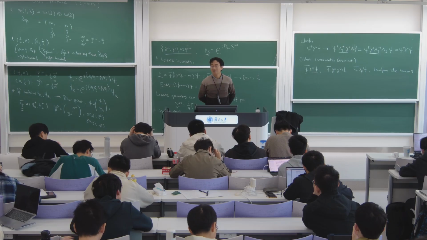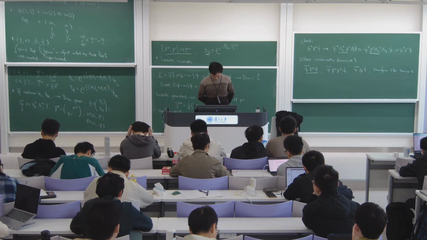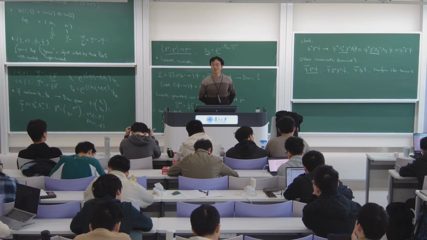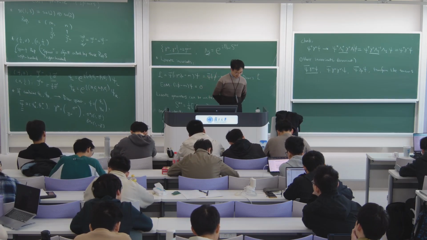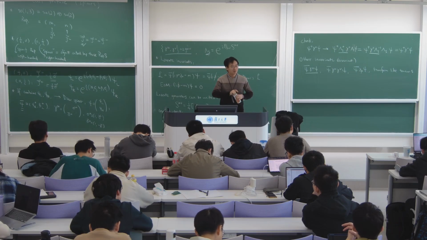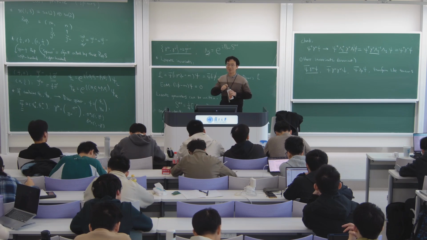So this is how the spinors, or Dirac spinors, or their combinations, transform under Lorentz transformation. So do you have any questions about the transformation properties of the spinors?